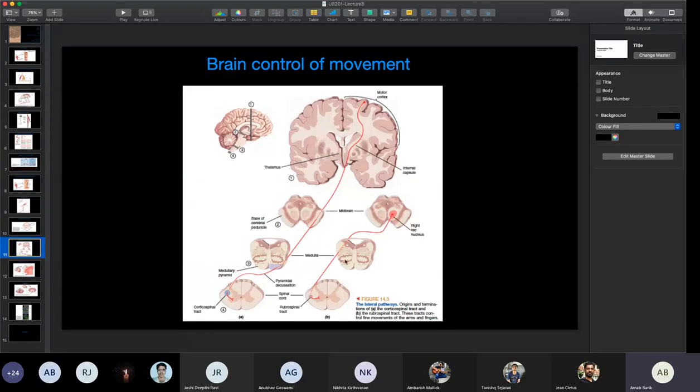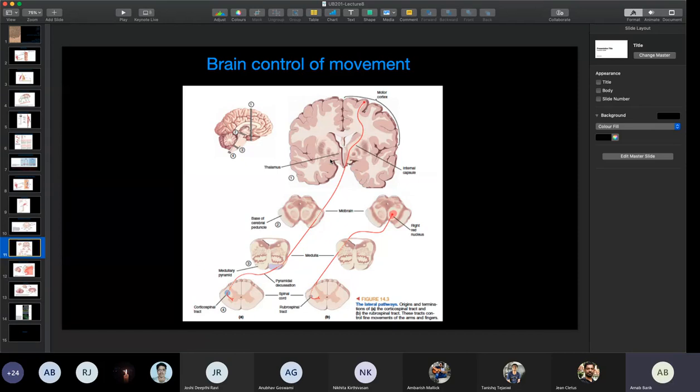And then the brain control of movement. The motor cortex is sending signals to where the motor neurons are. Then there's the red nucleus, rubrospinal, which is crossing over. You can read a little bit about what the major tracts are, and what corticospinal neurons do.